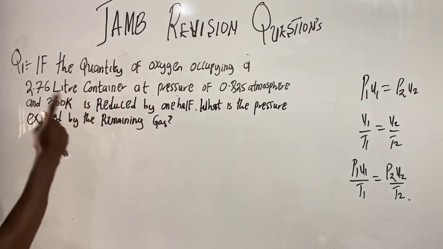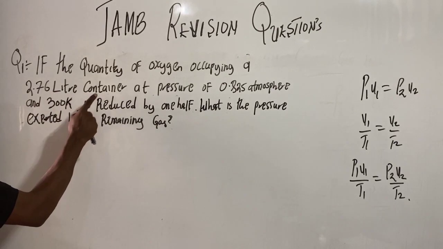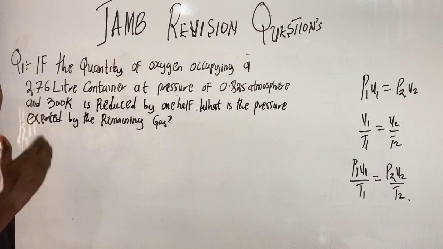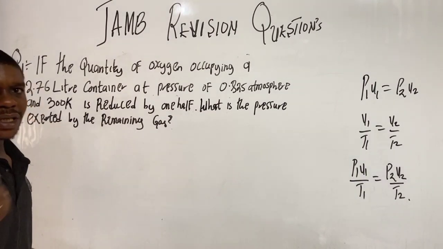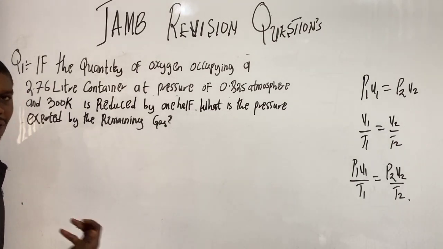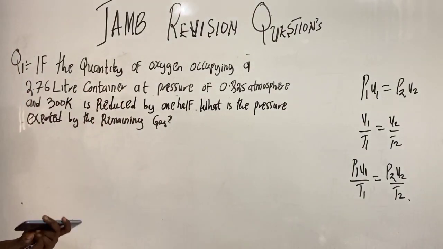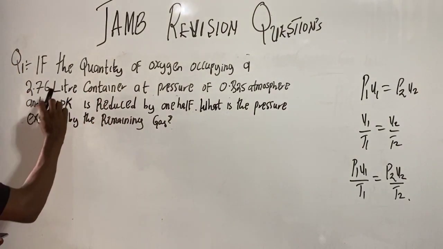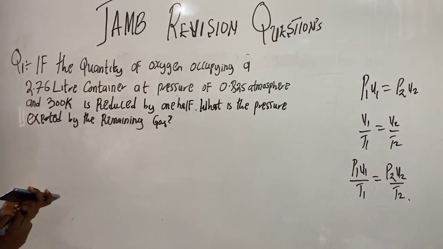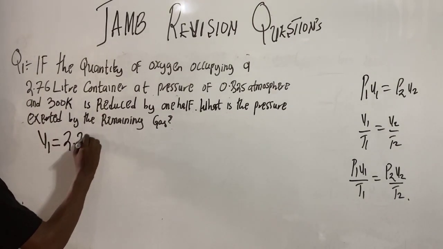If the quantity of oxygen occupying a 2.76 liter container at pressure. Now remember, we have called them the initial pressure, the final pressure, the initial volume, the final volume, the initial temperature, the final temperature. So the quantity of oxygen occupying a 2.76 liter container, that is my V1: 2.76 liters.